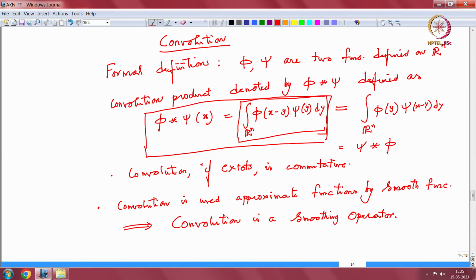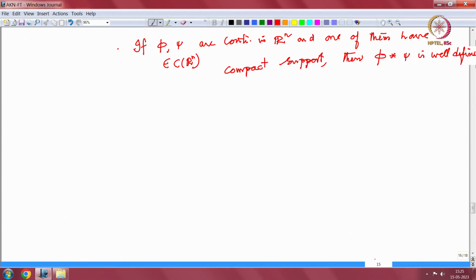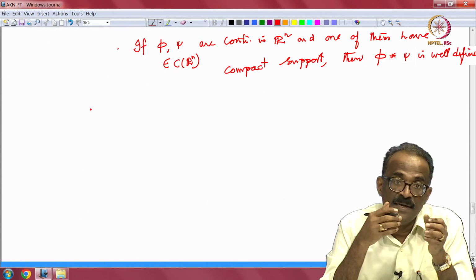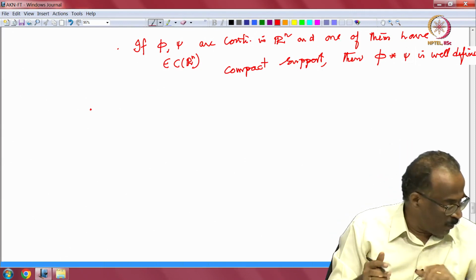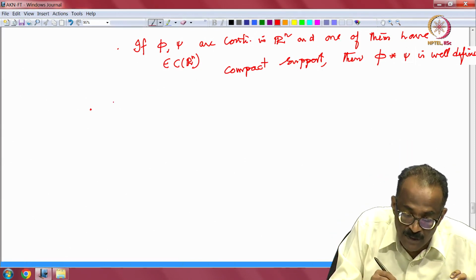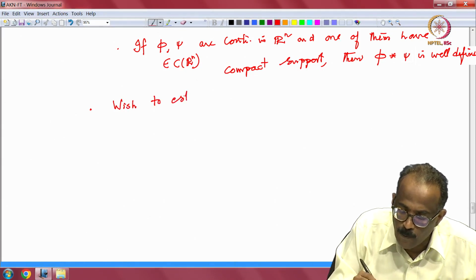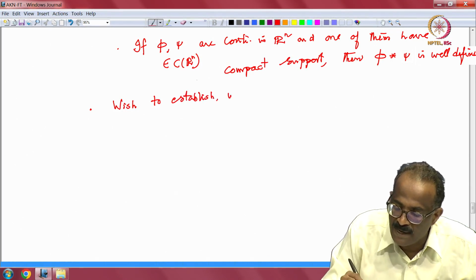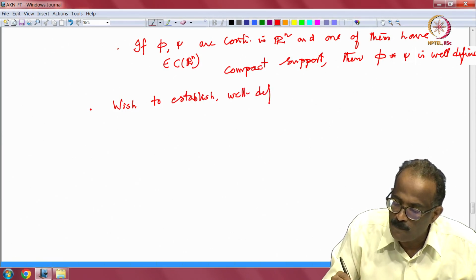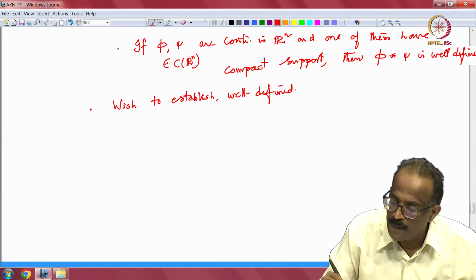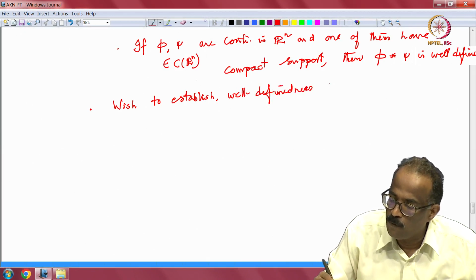Okay. So, in the smooth case you already have that one. On the other hand, we want to establish for what sort of phi and psi, your phi star psi is well defined, for Lp functions.